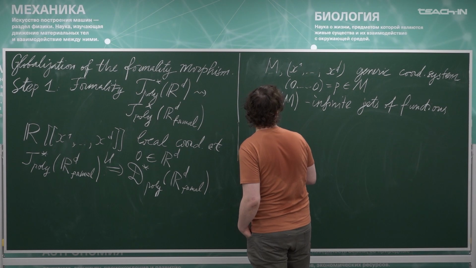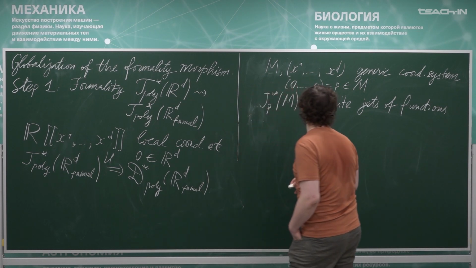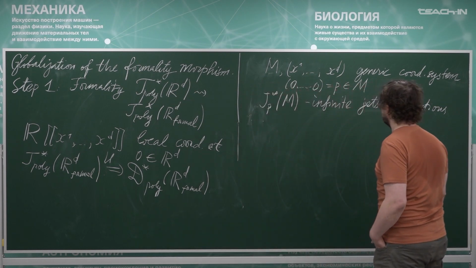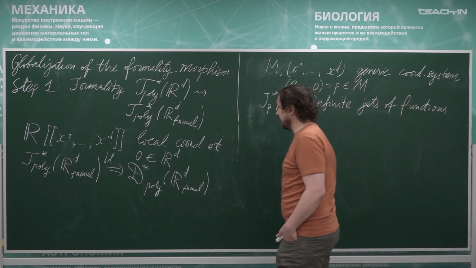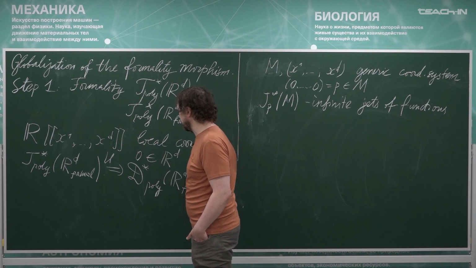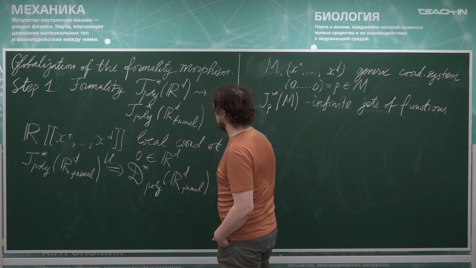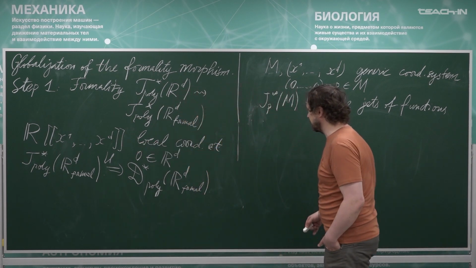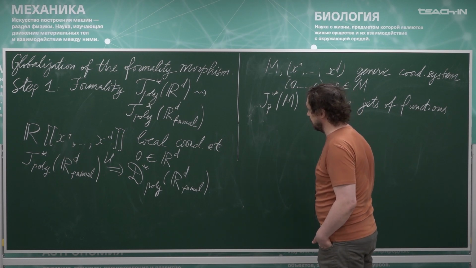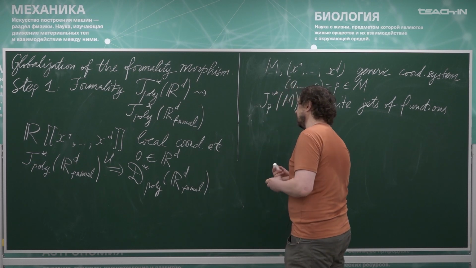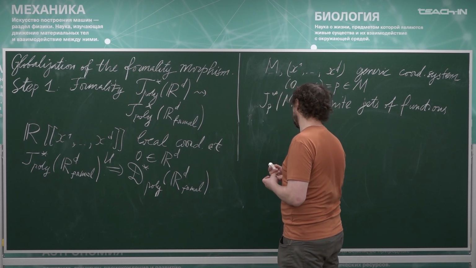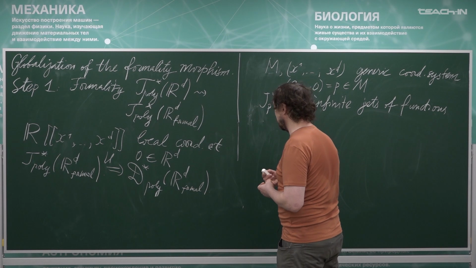It is not sufficient for our purposes to consider just the usual coordinate systems, because there are not enough of them. But on the other hand, when we consider just formal power series without convergence conditions, it gives us more freedom to choose coordinate systems as well. Thus, instead of the usual coordinate system, we can consider a so-called formal coordinate system.